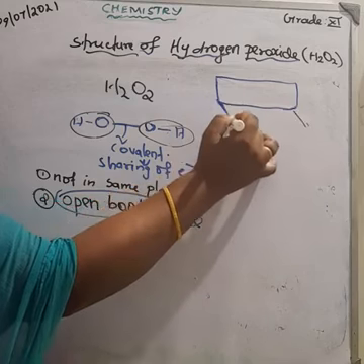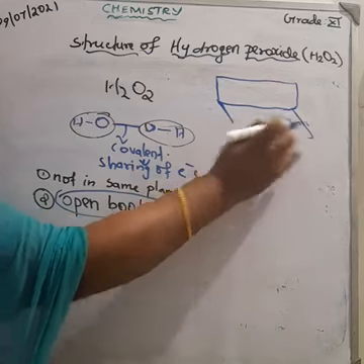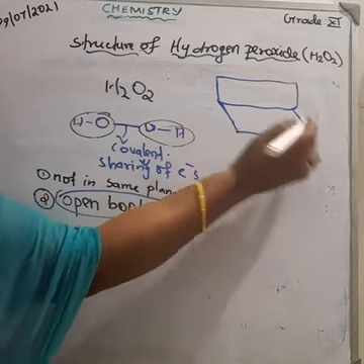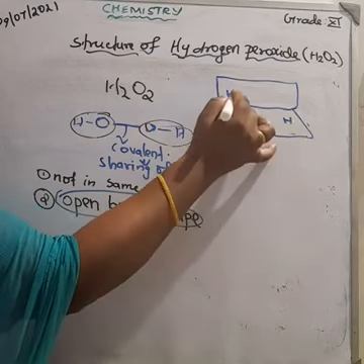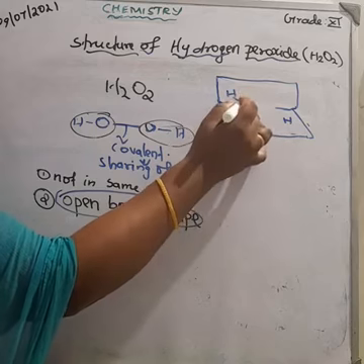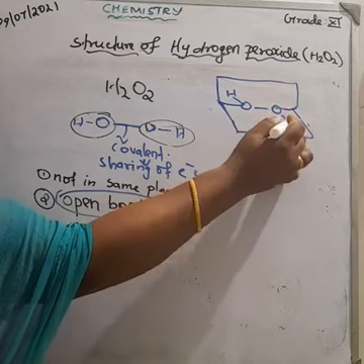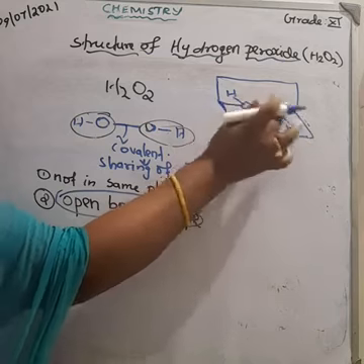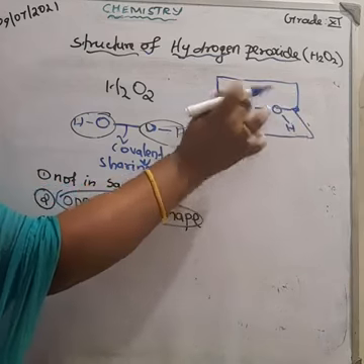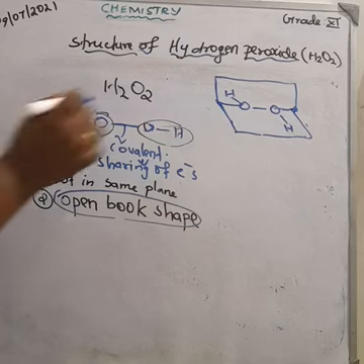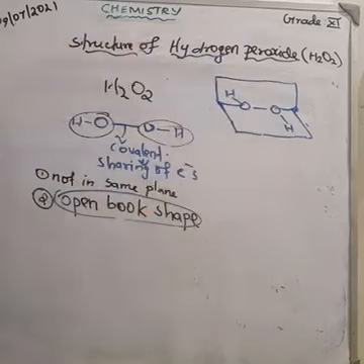It is a skew conformation structure. Skew conformation means the hydrogen atoms are in a slant position. So the two hydrogen atoms lie on the pages of a partly open book, and the oxygen atoms lie along the spine, which means they are in a linear position.